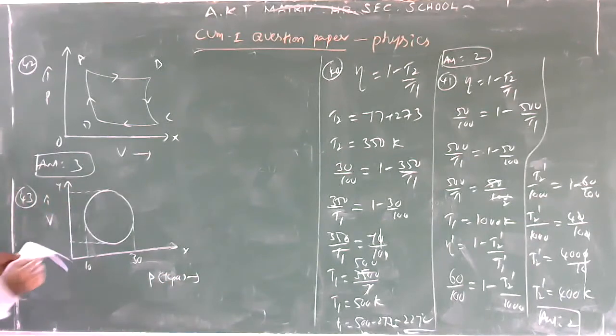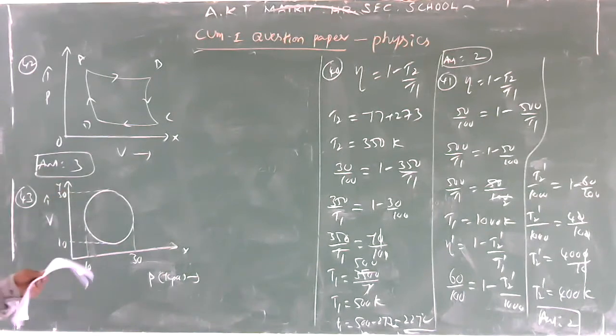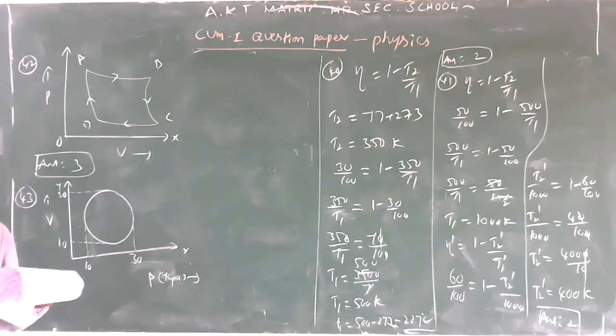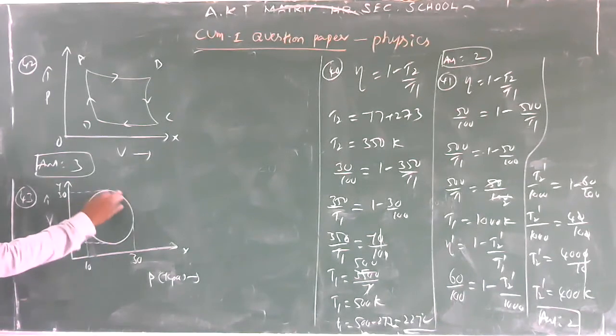The volume axis shows 10 and 30. How much heat energy is absorbed by the system? Generally, the heat energy absorbed or work done is equal to the area enclosed by the PV diagram. So how to find the work done? Here the work done is equal to the area enclosed by the PV diagram.